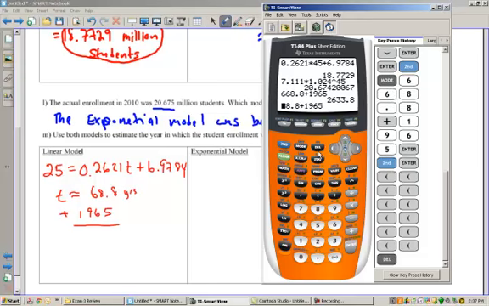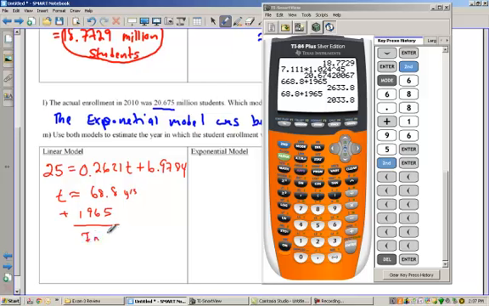I had an extra 6 there, so delete that 6. Okay, there it is, 2033. That seems better. So in 2033, the enrollment will reach 25 million according to the linear model.